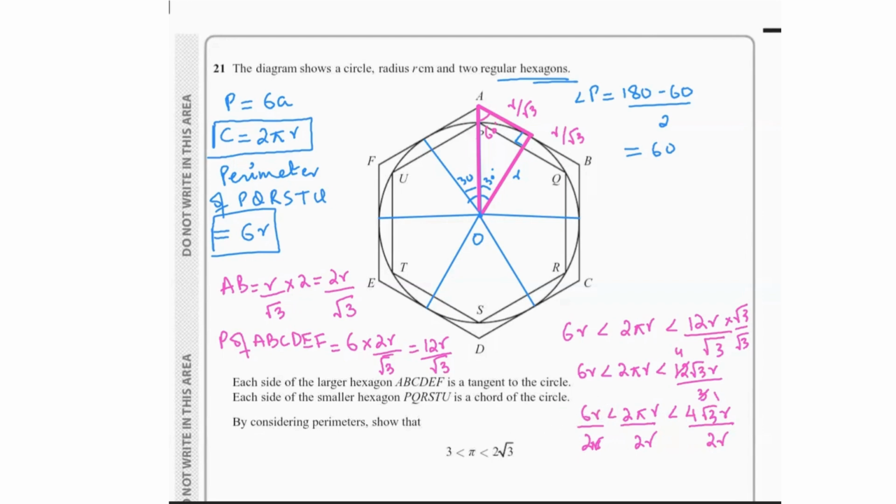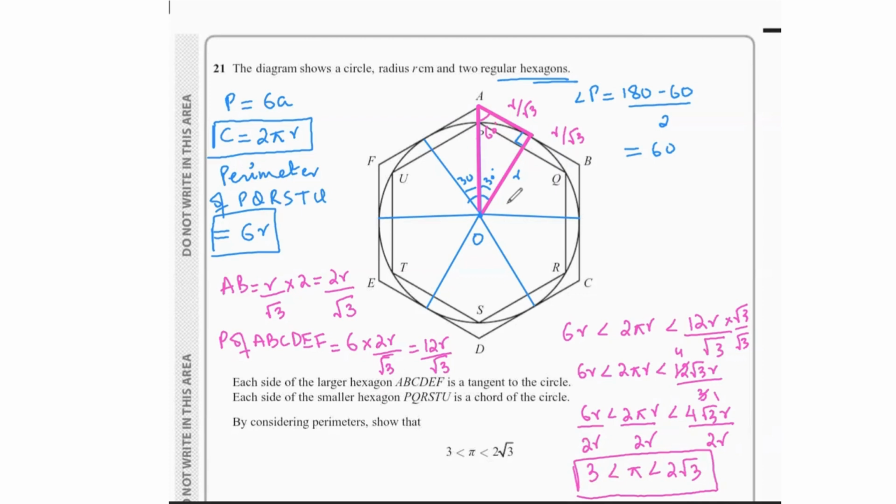So 6r divided by 2r is 3. 2 pi r divided by 2r is pi. 4 root 3 r divided by 2r is 2 root 3. And this is exactly what the question was asking us to prove.